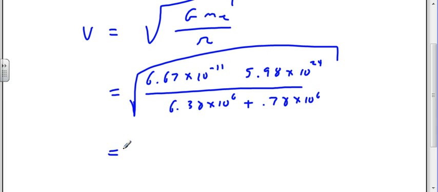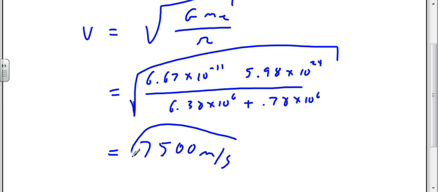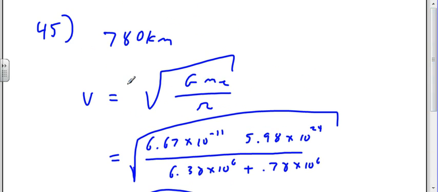We'll call it 7,500 meters per second, thinking that we only have two significant digits, which is probably all we have. Yep, all we have.